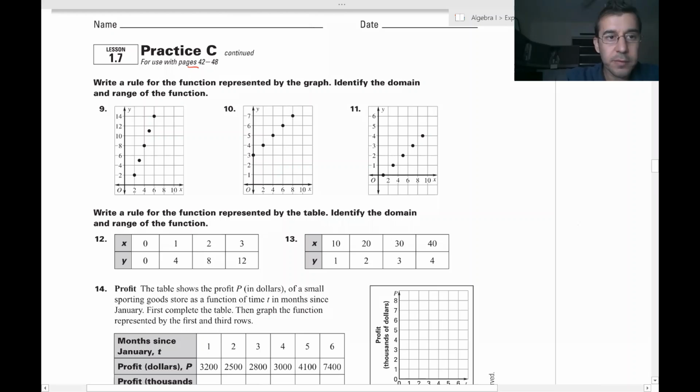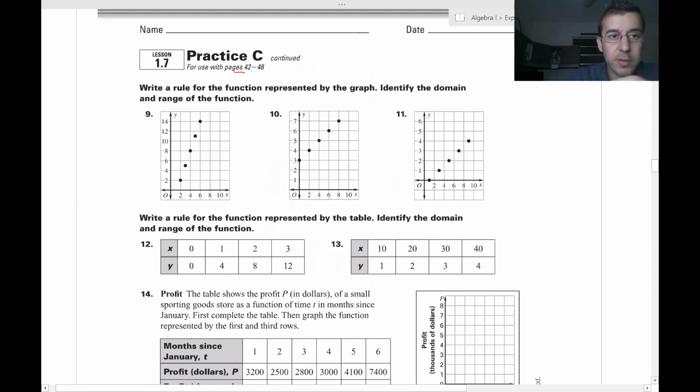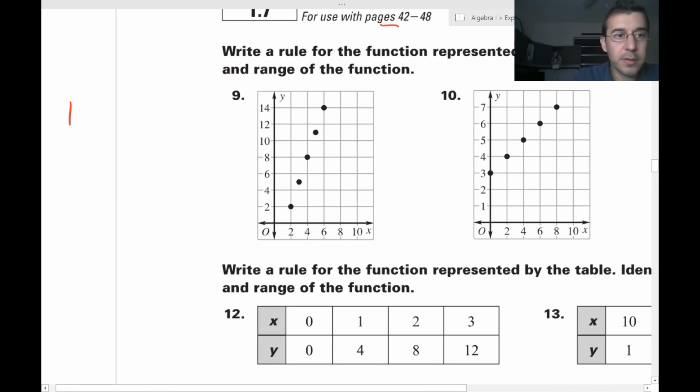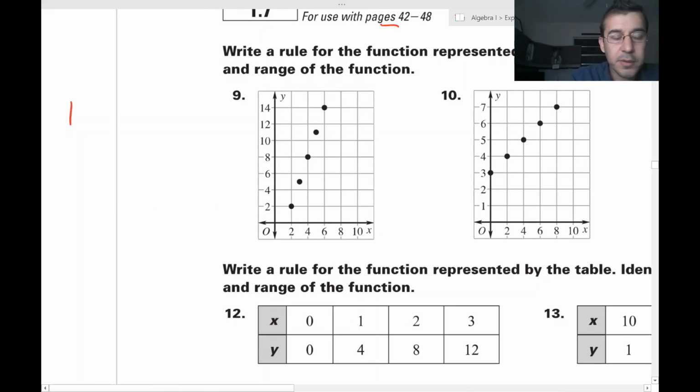Write a rule for the function represented by the graph. Okay, let's do number 9. First, let's draw the table, domain and range.